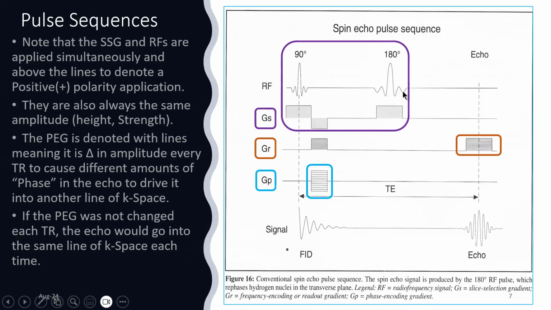So if you notice that difference on a line diagram, that's why. Okay, so we're going to excite, phase encode this future echo. We're going to refocus the pulse, refocus the slice, and then turn on your readout gradient during the echo. Okay, so then this echo is going to go into a line of K-space.